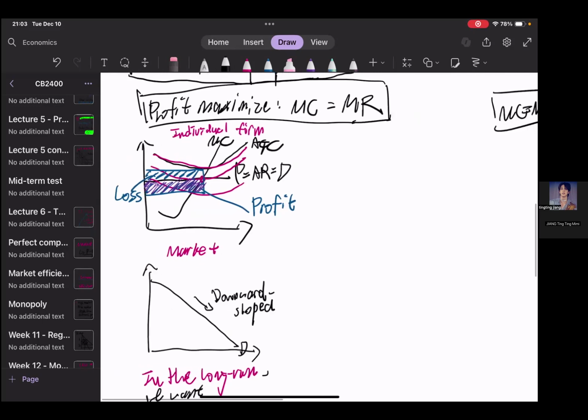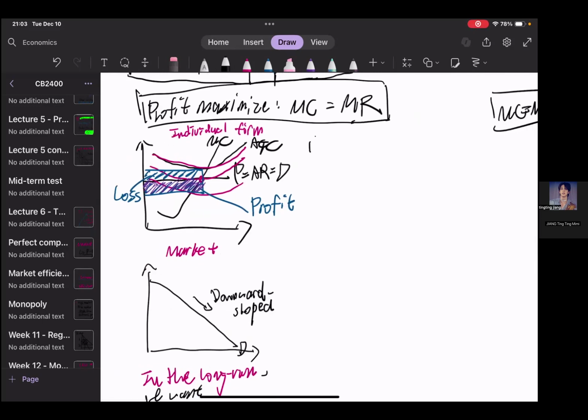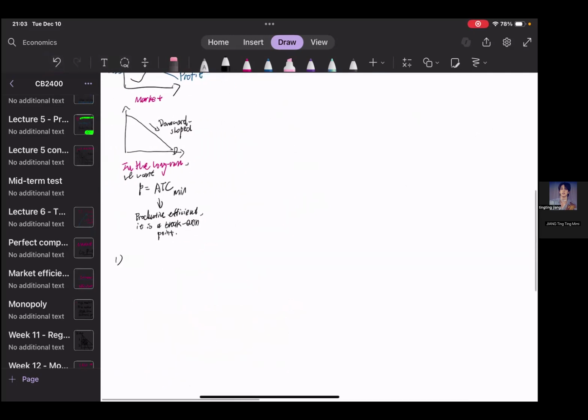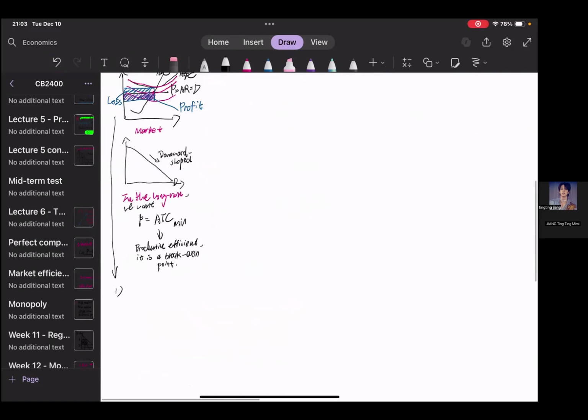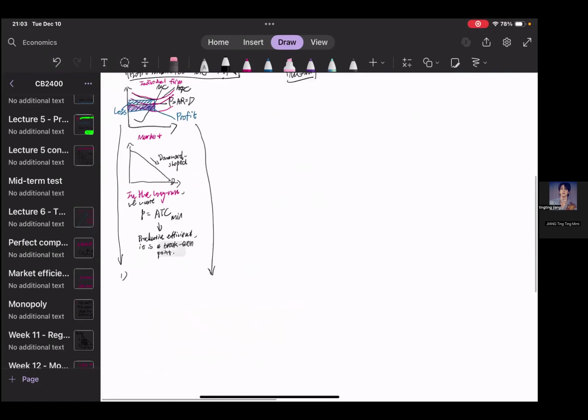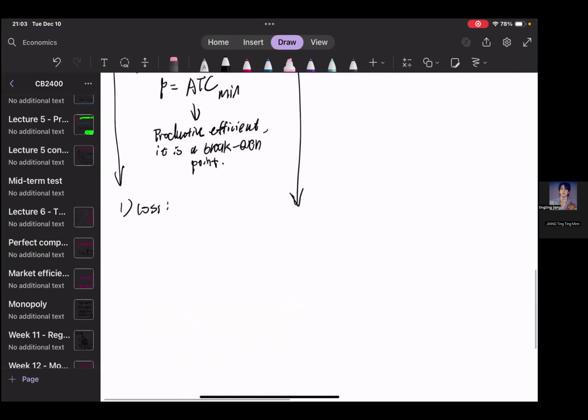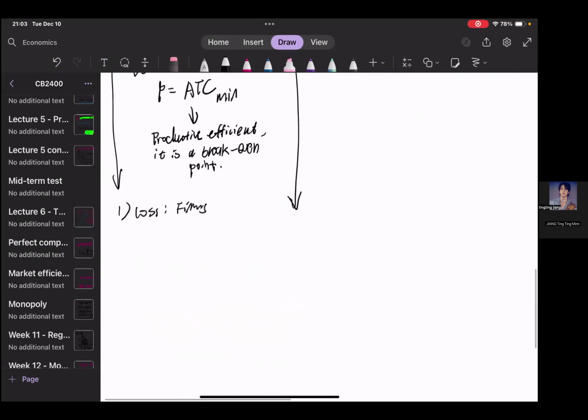So, case one, loss, then firms will leave the market.